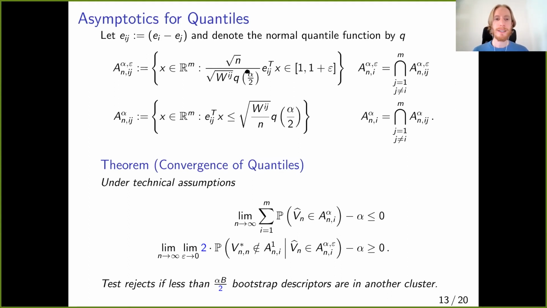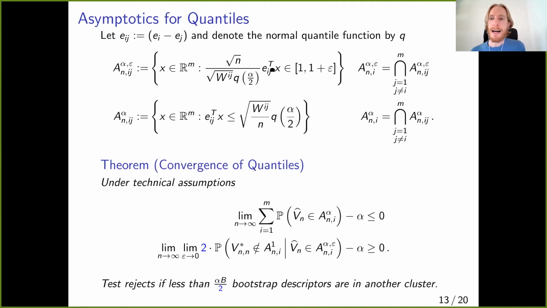So then what this here is 1 over the alpha half quantile of the limiting distribution of the central limit theorem here, right? So Q is the standard normal quantile, and this is the standard deviation, and this is the square root of n from the central limit theorem. So what we have here is 1 over the alpha half quantile.